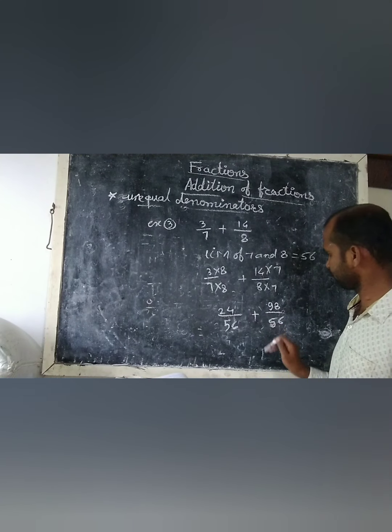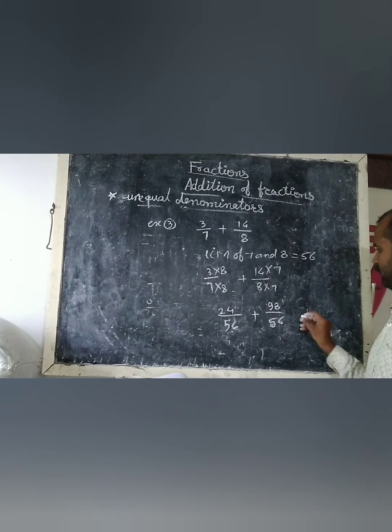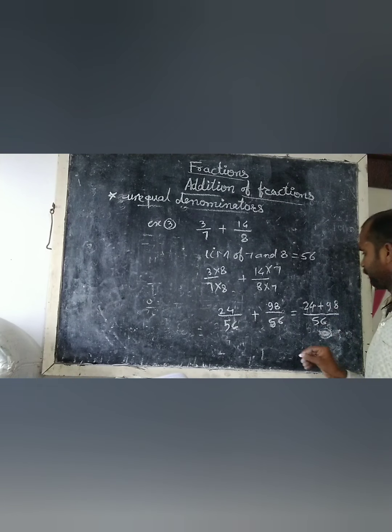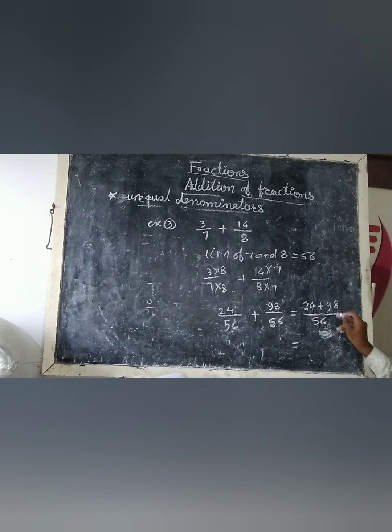So here 56 is the common denominator, and 24 plus 98. 8 plus 4 is 12, 3 plus 9 is 12, so 122 upon 56.